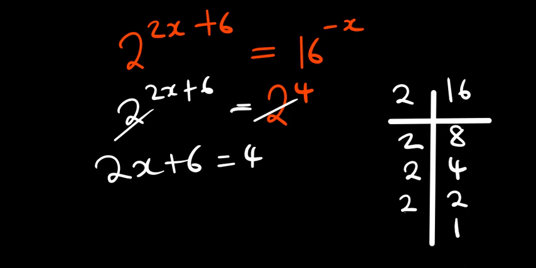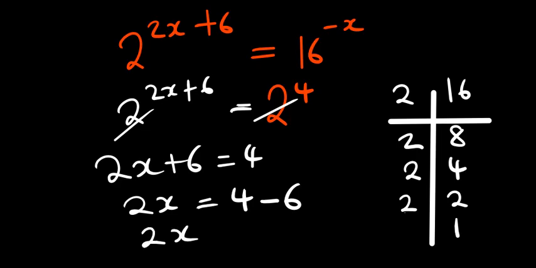Okay, we continue. Then what are we going to do? Put the like terms together. So I'm going to remain with x is equals to the 6. When it comes to the other side, it becomes a positive. So I'm going to have 4 minus 6. x is equals to 4 minus 6, that gives us a negative 2.